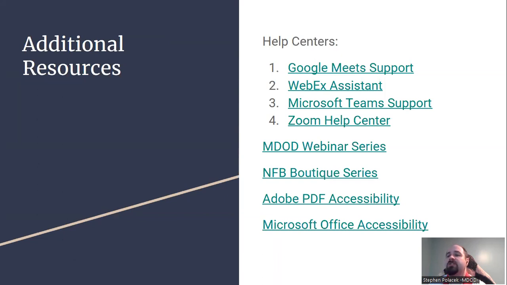There is a link to the NFB Boutique series, if you want to check out any of their monthly webinars or their quarterly seminars. We often partner with them. Either we'll present at theirs or they'll present at ours, so we like to always plug them in. Then there are two links for helping with Adobe PDF and Microsoft Office accessibility, to make sure that your handouts and materials are accessible before you send them out.